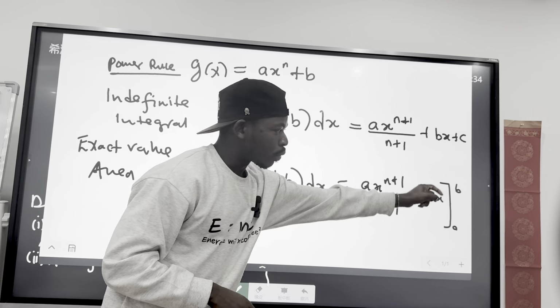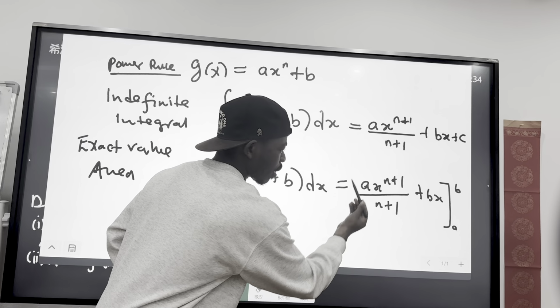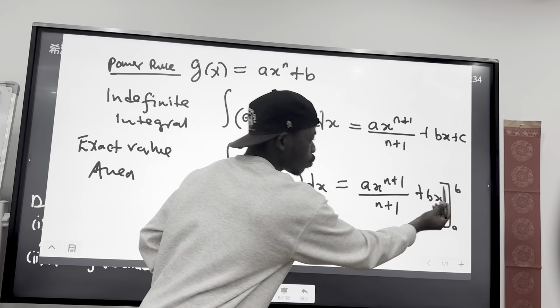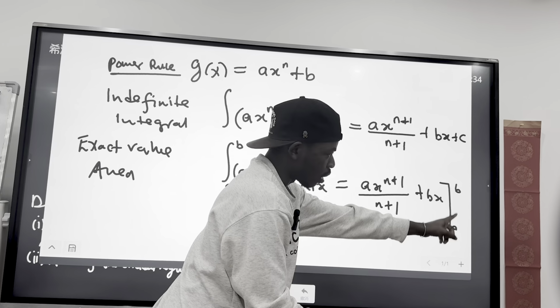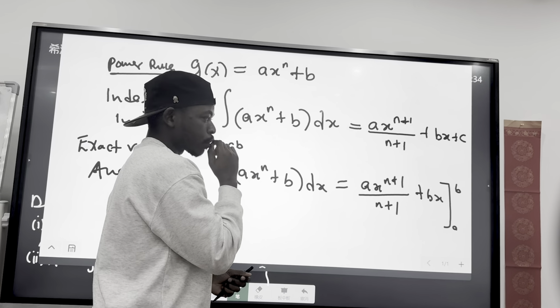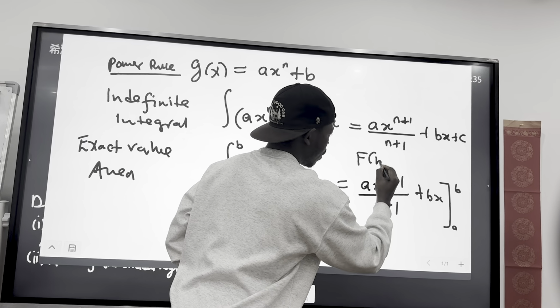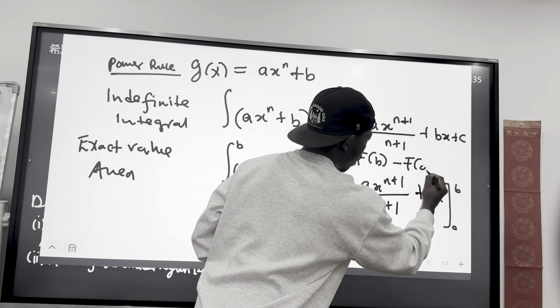Now, how do you handle these limits? Once you find this function, you substitute. Let's suppose maybe this is 1, this is 2. This is the lower limit, that is the upper limit. You shall say f of b minus f of a.